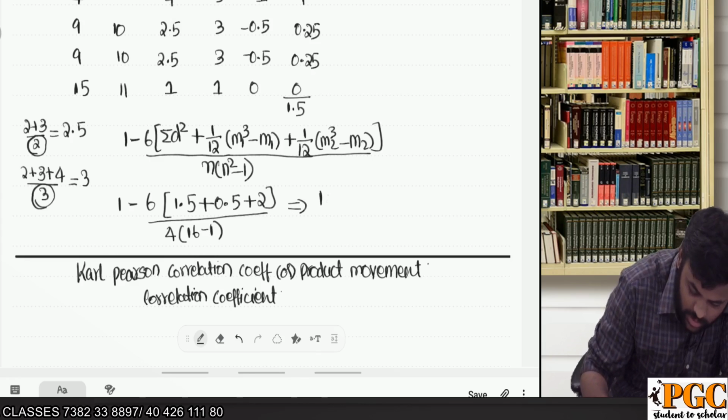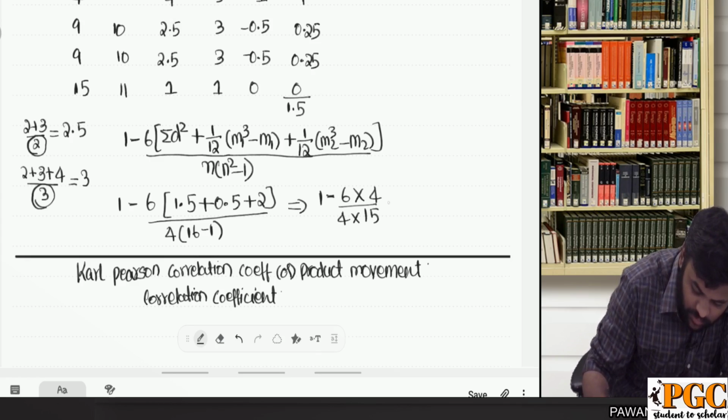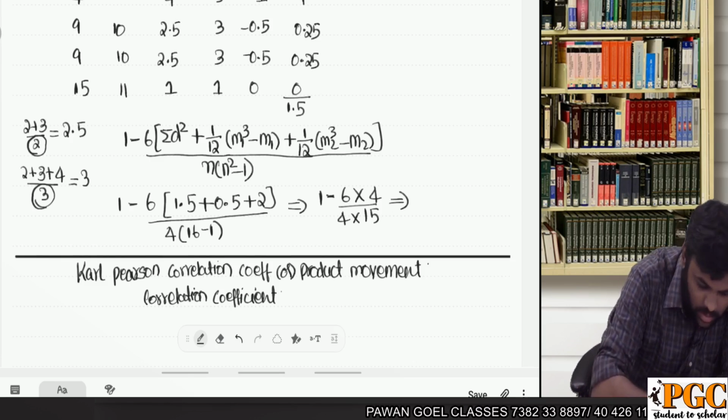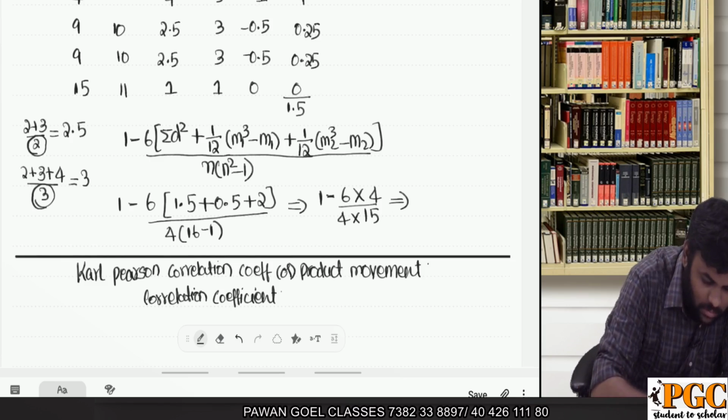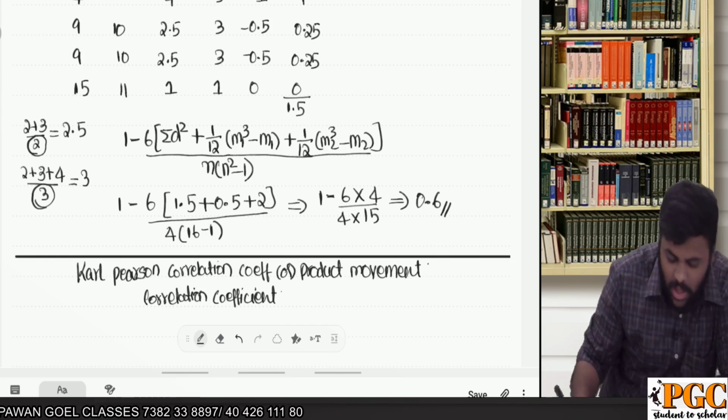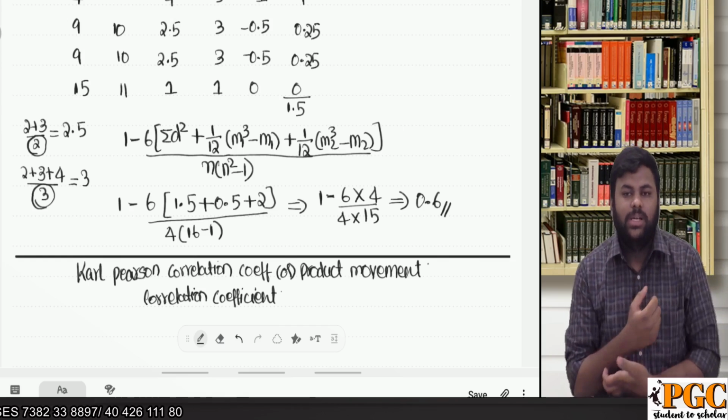So 1 minus 6 into 4 whole divided by 4 into 15. So correlation is supposed to be positive 0.6.